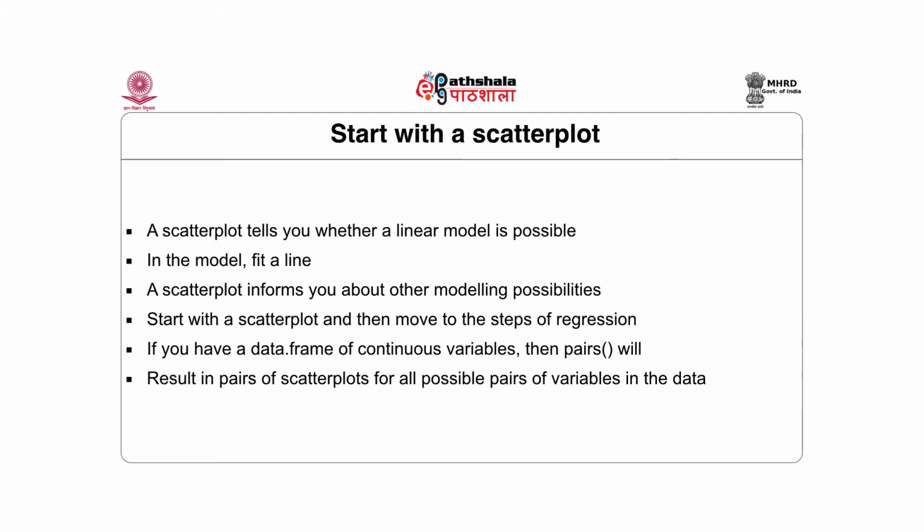So out of your data, create a separate data frame that only contains the continuous variables, and then use the function pairs with no parameter inside it to create pairs of scatter plots of many different variables. This is going to result in pairs of scatter plots for all possible pairs of variables in the data.